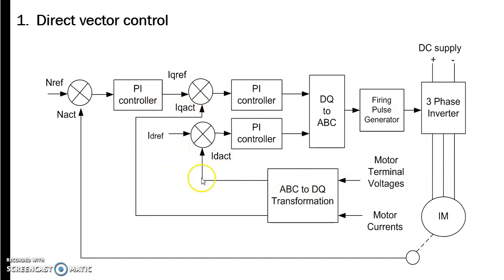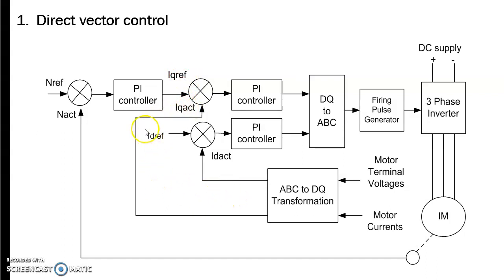Here you can see that the actual motor speed is sensed using a tachometer. This is N actual speed. It is compared with the reference speed. The error is processed through a PI controller, and the PI controller generates the reference value of the quadrature component of current, which is compared with the actual value of quadrature current.